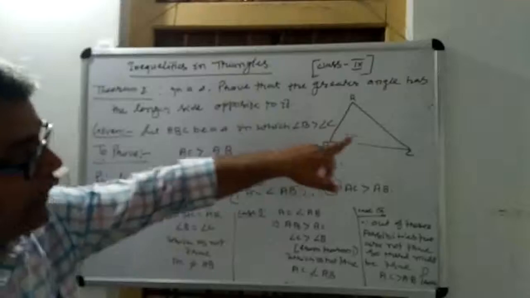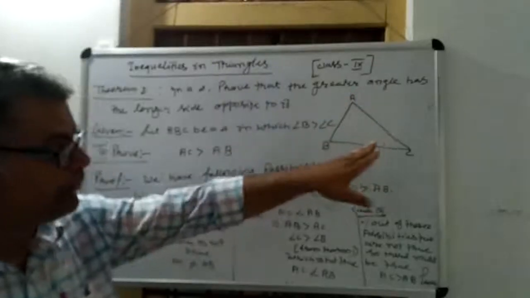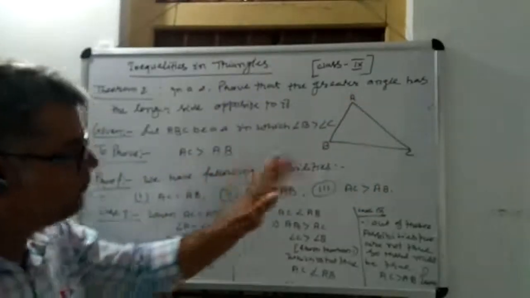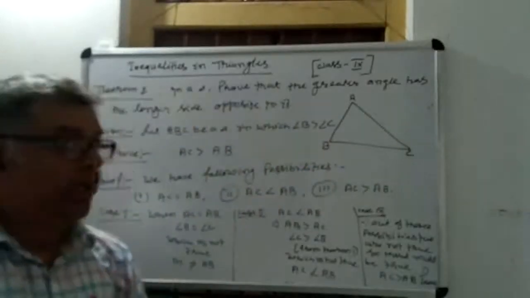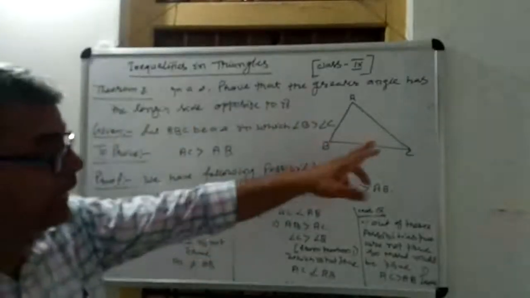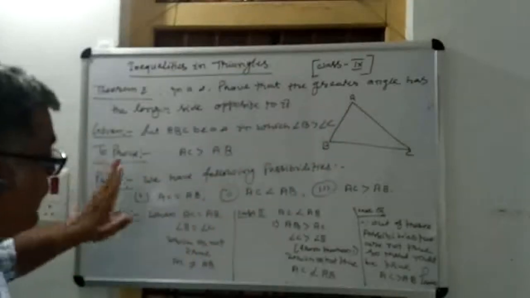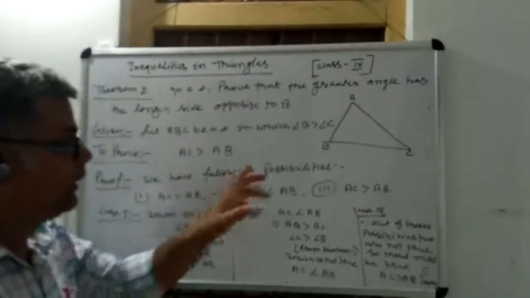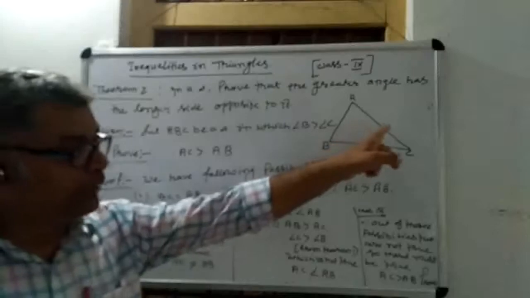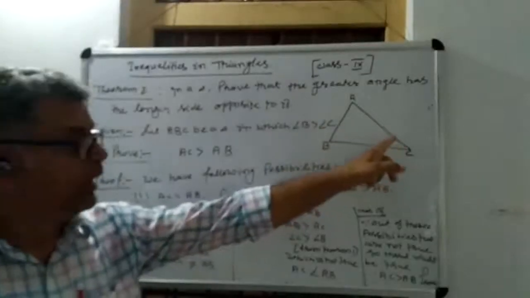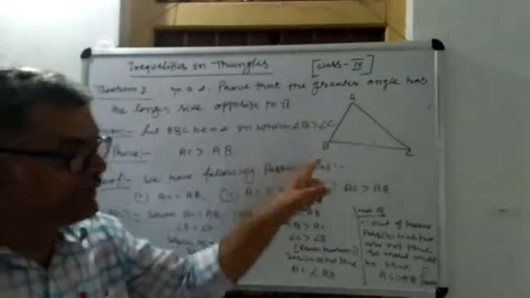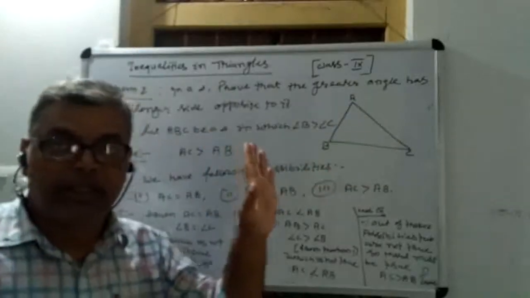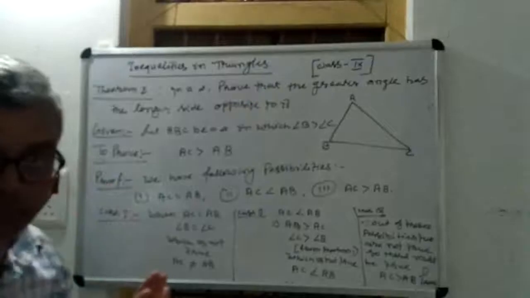So now first we draw a triangle ABC in which we assume that angle B is greater than angle C. So when angle B is greater than angle C, then we need to prove that the side opposite to angle B, that is AC, must be greater than the side opposite to angle C, that is AB. This is to be proved.